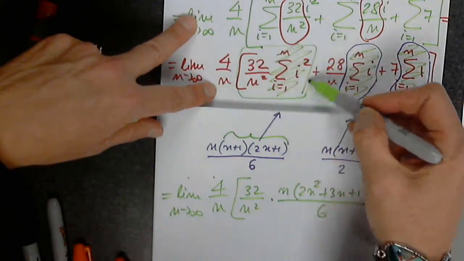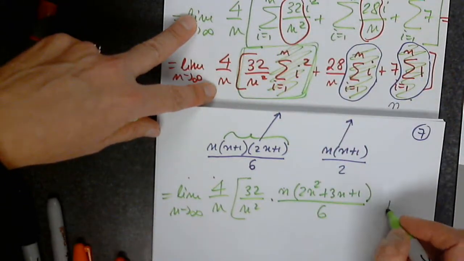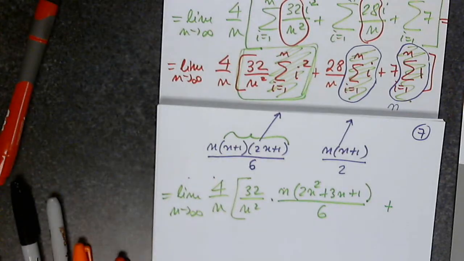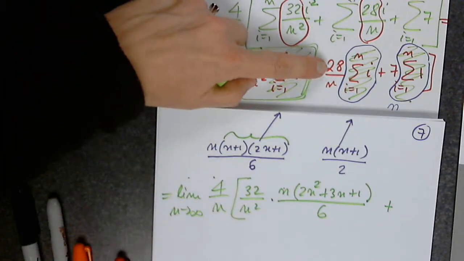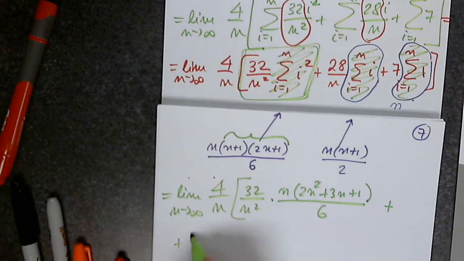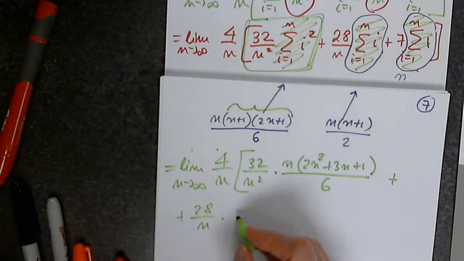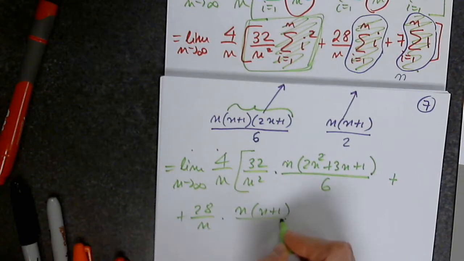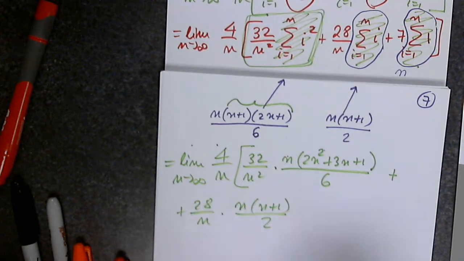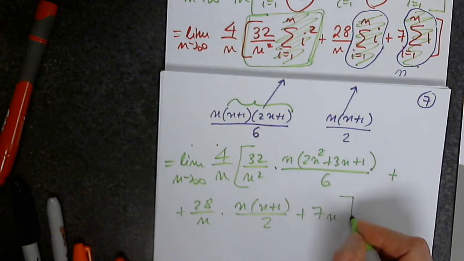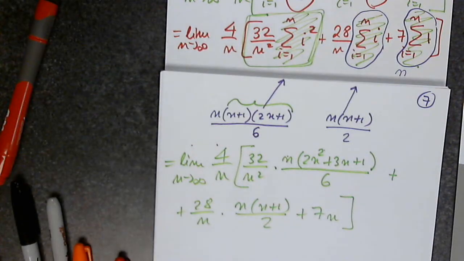I only dealt with this portion plus. Now I'm here with 28 over n multiplied by n plus 1 divided by 2, and finally plus 7n. Are you okay with this so far?